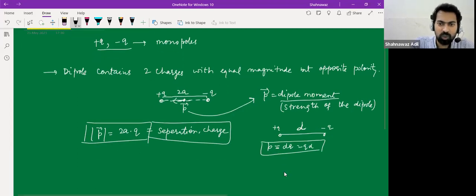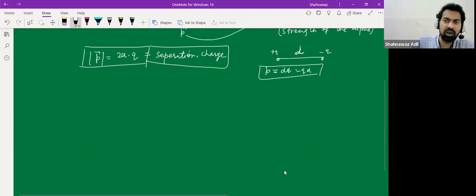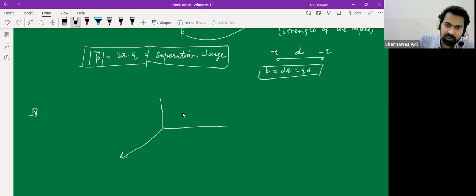So let's do one question and understand how we calculate the strength of the dipole. Let's say one charge, plus q, is placed on the z-axis at 0, 0, 3 millimeters.